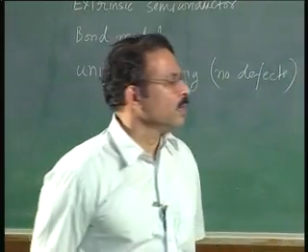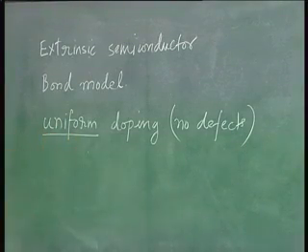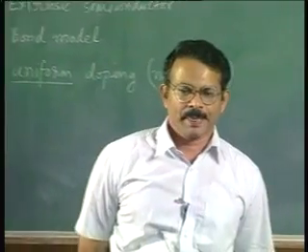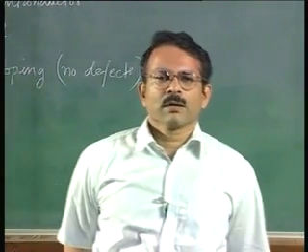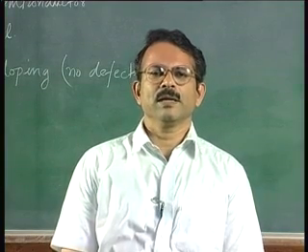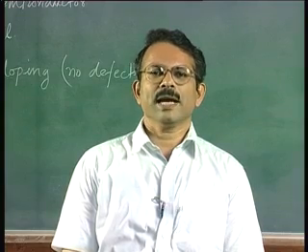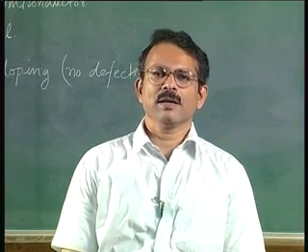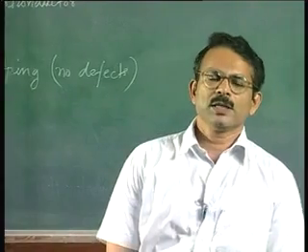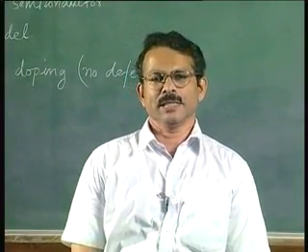Okay. It is very important to understand the meaning of the term uniform in uniform doping. It is very difficult to place the impurity atoms in a semiconductor at regular intervals. Just as you have the silicon atoms in a silicon crystal at regular intervals, it is not possible to have impurity atoms placed at regular intervals that easily.